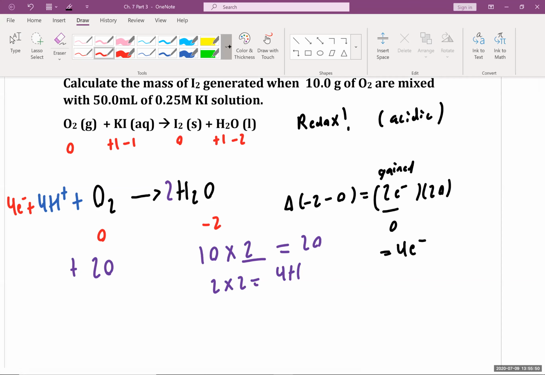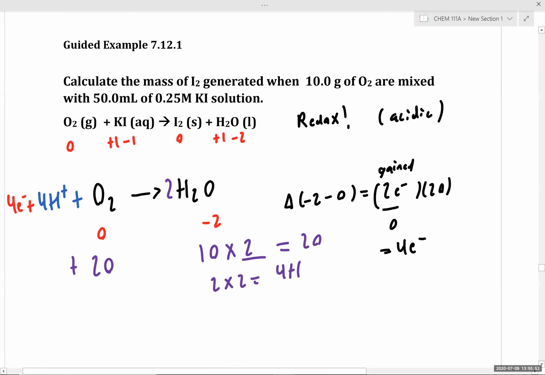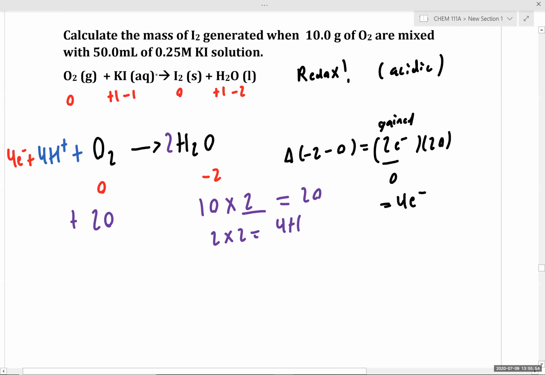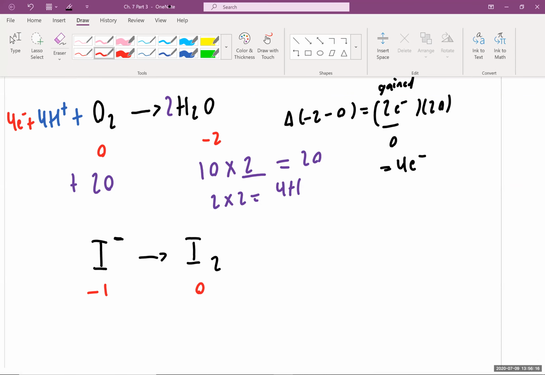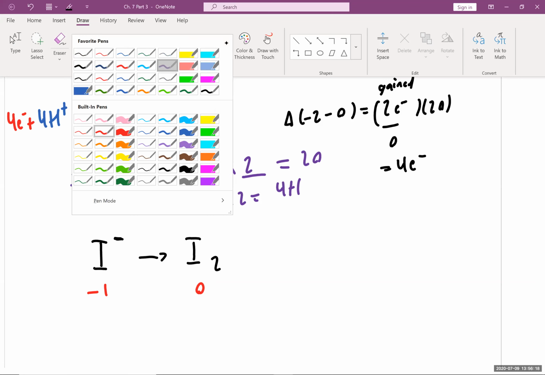Now what we're going to do is we're going to look at potassium iodide and iodine. So I'm just going to separate it into the net ionic equation. So we have iodide going to iodine. And my question to all of you is, after just rewriting our oxidation numbers, is our equation balanced with respect to atoms?